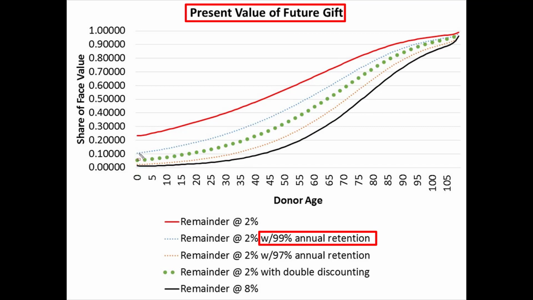Okay, this blue dotted line shows what the valuation would be at each donor age. Now, notice how that blue line with 99% retention is under the red line. The red line is the irrevocable gift. If the gift was irrevocable, that would be the valuation of that gift at each age.